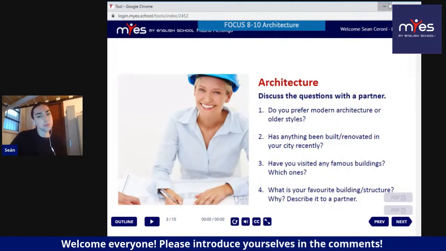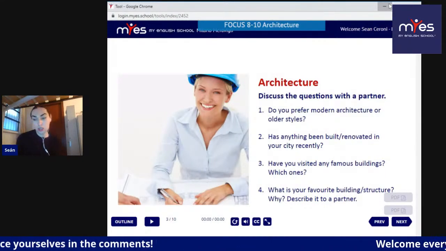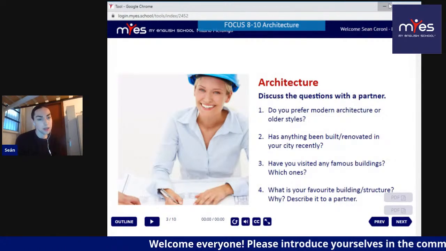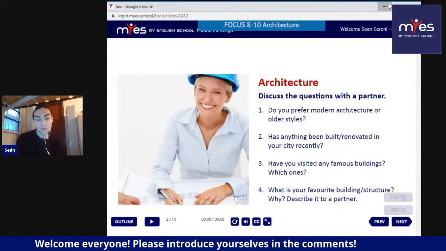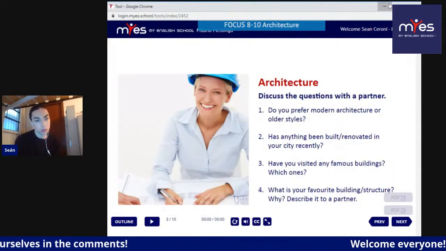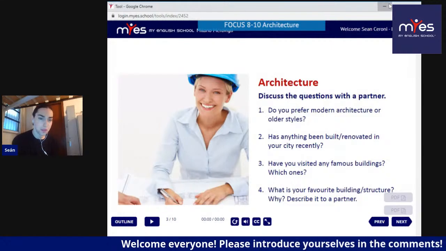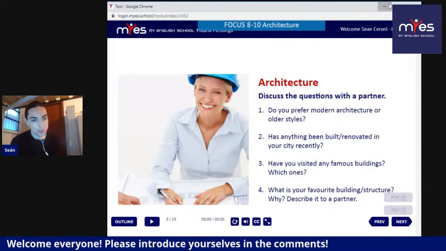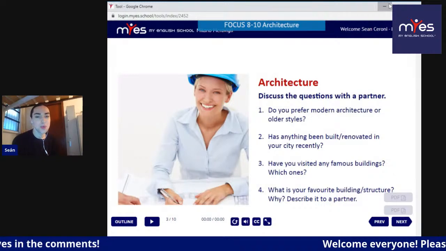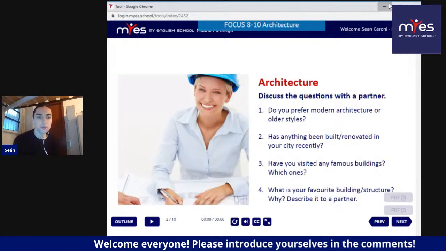Has anything been built or renovated in your city recently? So I think maybe I will speak a little bit about Dublin because my original city, I grew up outside Dublin, but my family is from Dublin and I know Dublin very well. I went to university in Dublin, and I think it would be interesting maybe to hear about Dublin rather than Milan. So Dublin has been very renewed in recent years.